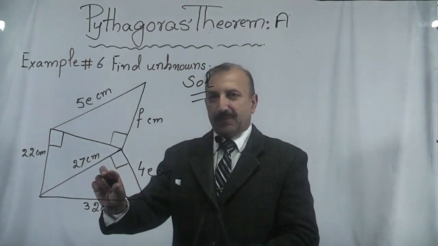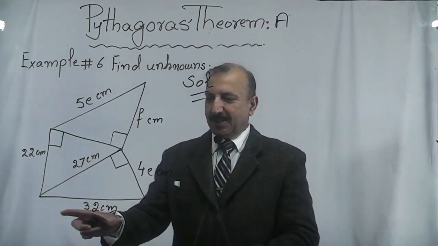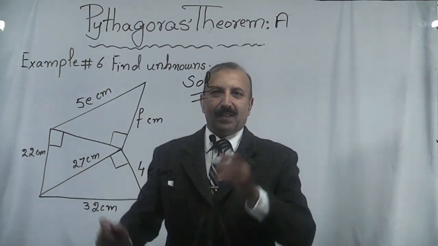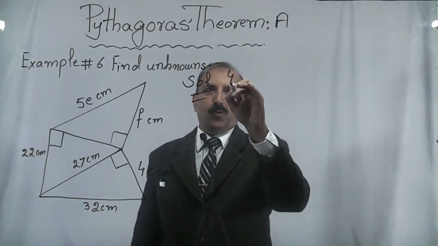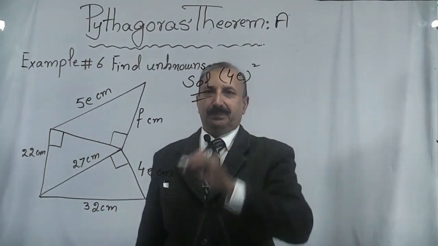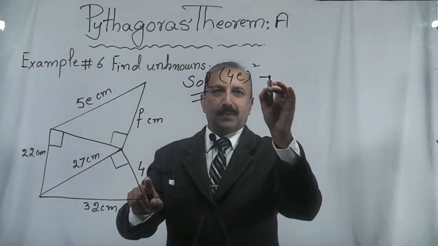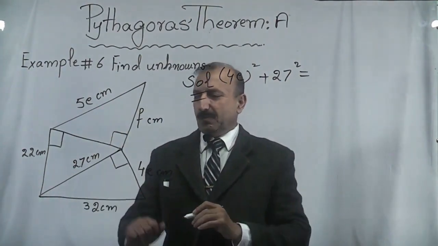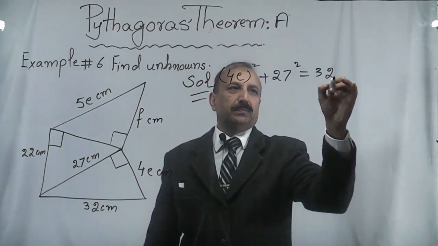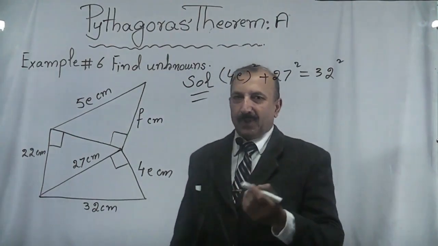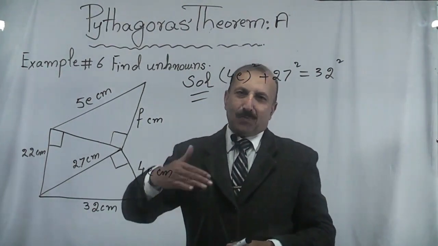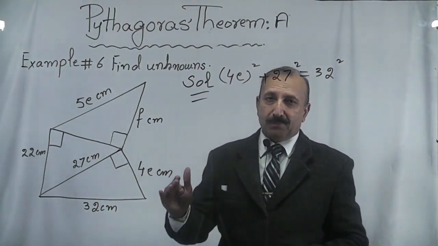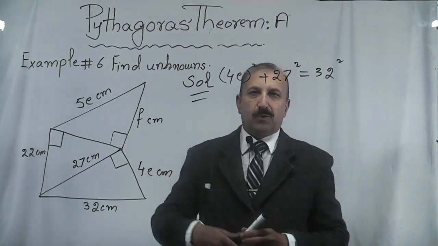So first of all, let's focus on this right angle triangle. This is the hypotenuse, the longest side, and these are two legs. It means that (4e) whole square, this side, plus this leg 27 square will be equal to 32 square. If you haven't got perfect squares in your mind, no problem, carry on with your calculators.